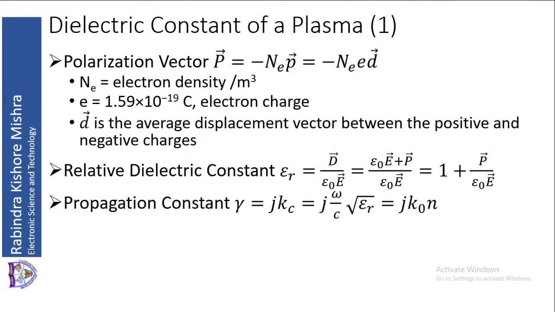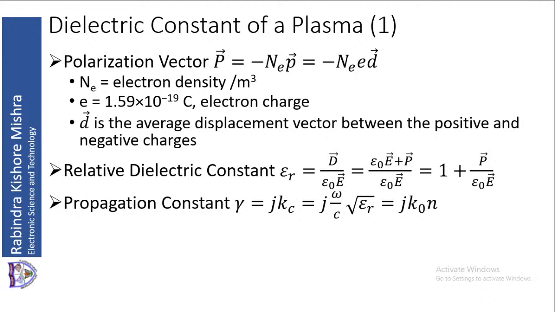Then the propagation constant in the medium is gamma. For propagation it has to be imaginary, so that we can write gamma is equal to j kc, kc being the wave number, you call it critical wave number or cutoff wave number. Kc by definition is equal to omega upon c into root over of epsilon r.